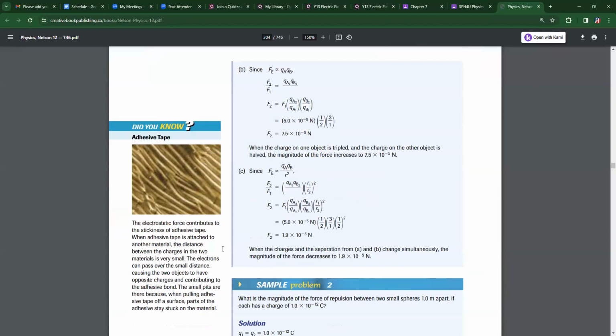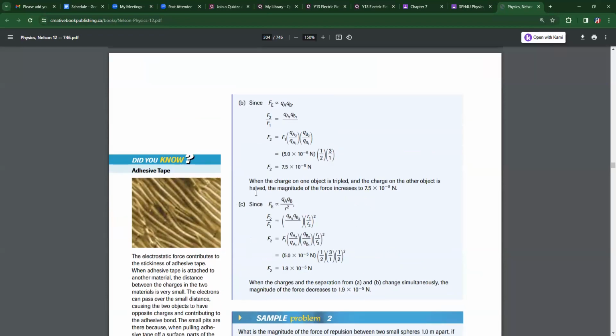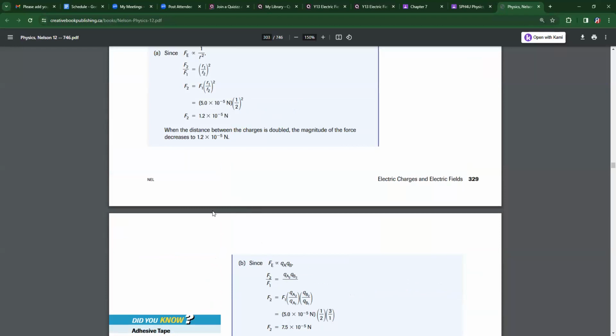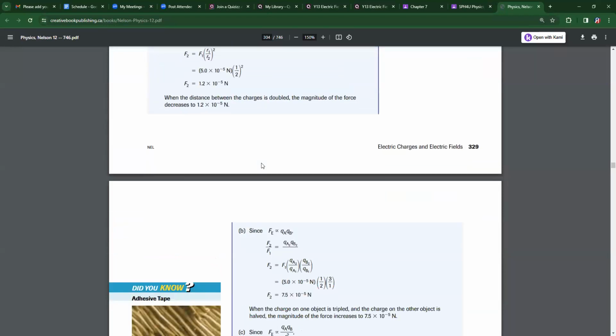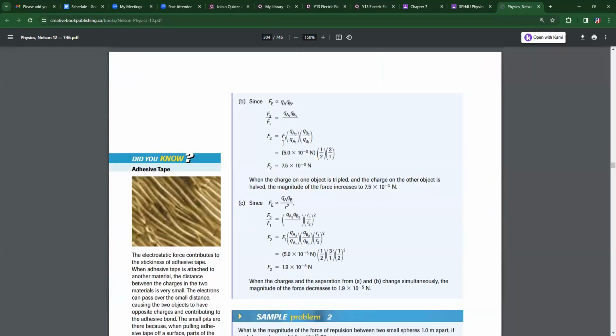Okay, and then what will happen if you change the charges? The charge of one object is tripled, and the charge of another one is halved. So one charge is 3 times bigger, the second charge is half smaller. Also through coefficients. Now the coefficient for charges: the second charge changes and the first charge changes.